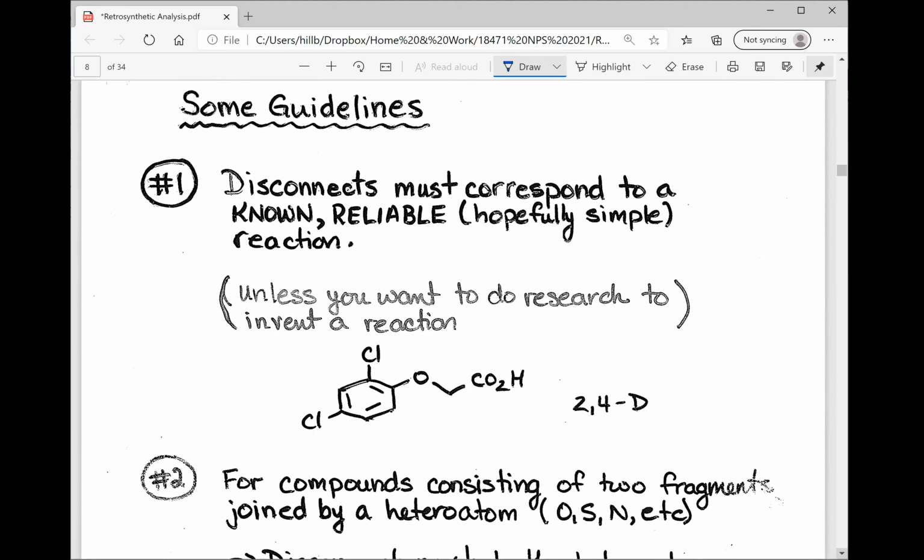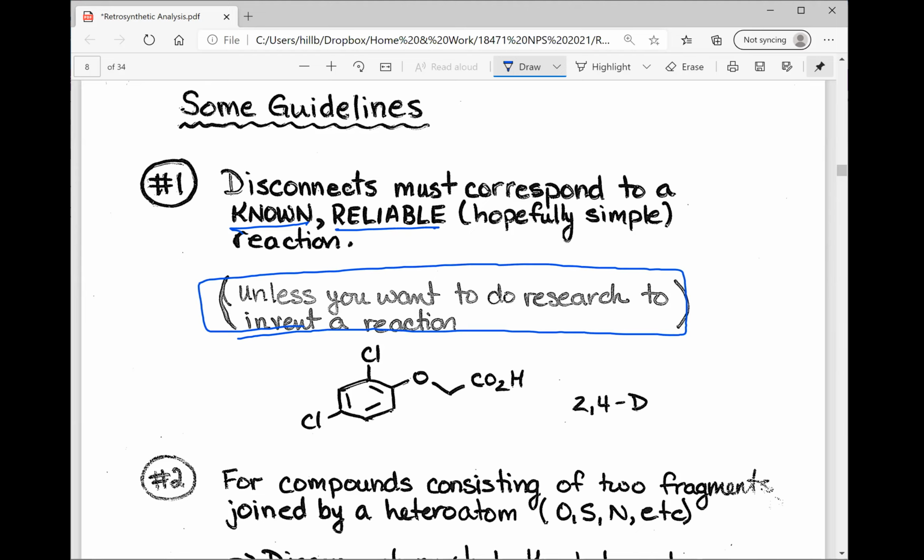So some of the guidelines, this is where I wanted to go. Okay, so you want your disconnections to correspond to known, reliable, hopefully simple reactions. And that is, unless of course you want to do some research to invent a reaction. So this would be developing a methodology.